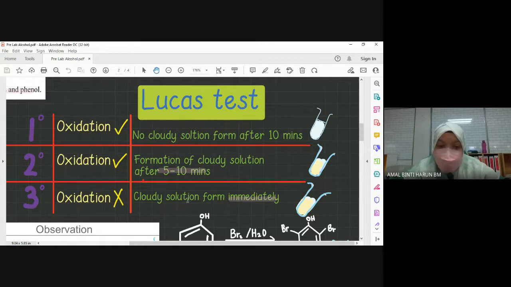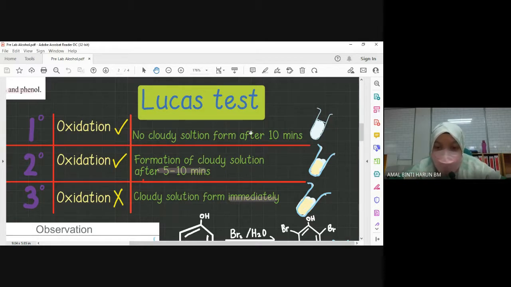Sekarang kita pergi dekat alkohol yang tertiary alcohol. Kalau you ambil tertiary alcohol, you terus campurkan dengan Lucas reagent and then the cloudy solution form immediately. That means itu adalah ciri bagi tertiary. So ketiga-tiganya actually boleh react dengan Lucas reagent. Lucas reagent tu maksudnya dalam Lucas solution tu lah. Okay.